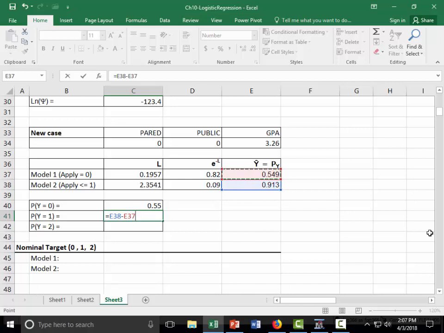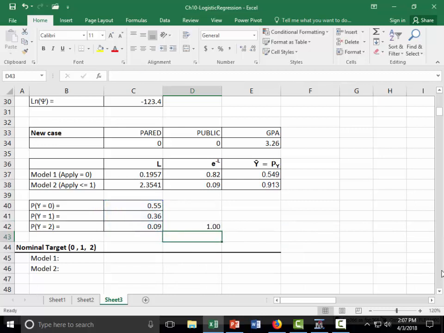And this works because it is ordinal, otherwise it will not work. Now these are the only 3 possibilities, so the remaining probability must be equal to something that will give us the total of 1, or we can even do this: it should be 1 minus that, because 2 is the opposite of less than or equal to 1. So 1 minus that will give you the probability. Now we can check this out, make sure that these 3 probabilities sum to 1, and that will be the case.